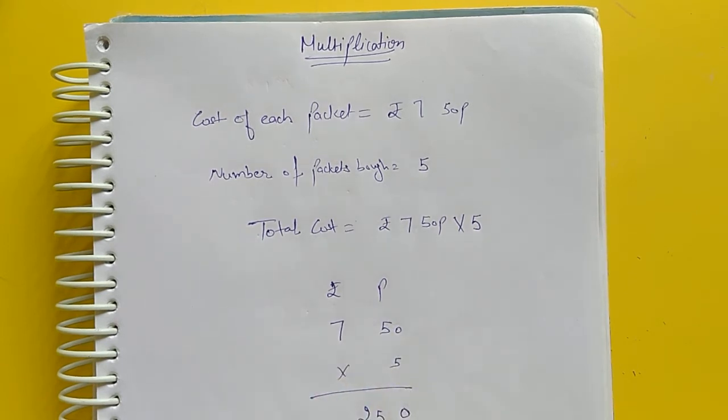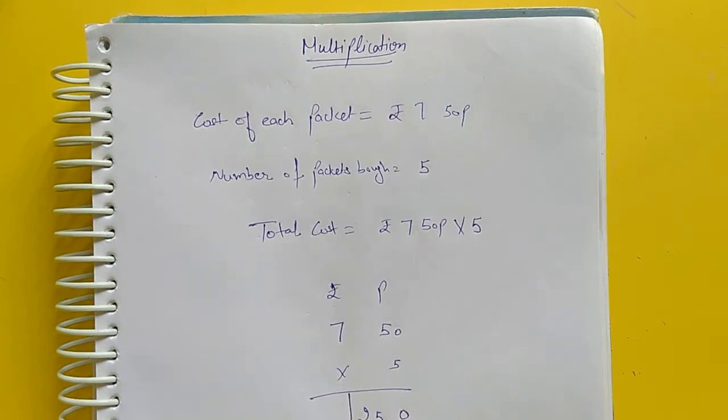And now multiply rupees 7 into 5, 35. Okay. So बच्चे, total cost is 35 rupees 250 paise.